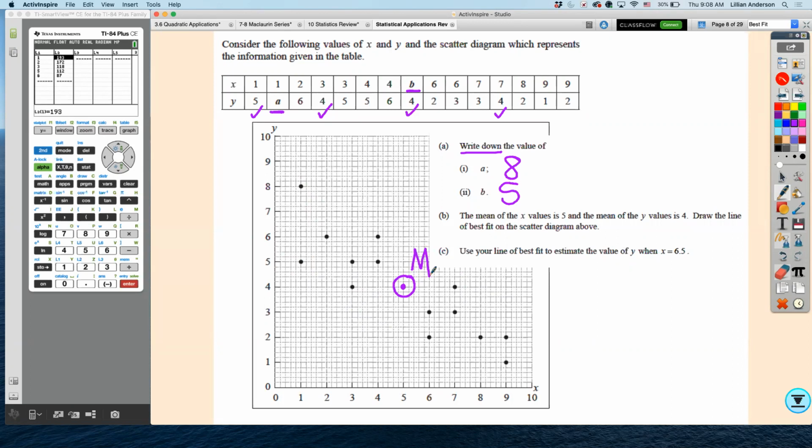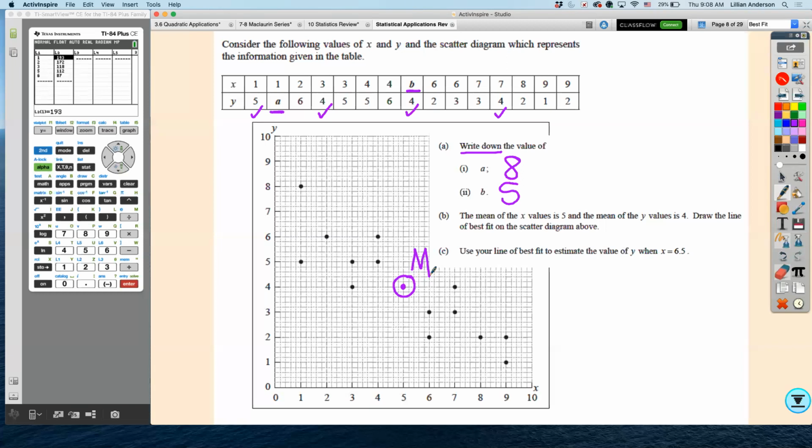Majority of the time, you'll label it with a capital M, but if they tell you to label it with a capital P or a capital Q, you do it how they tell you. But anytime you draw the line of best fit by hand, you plot the point, you circle it, and you label it with a capital letter.